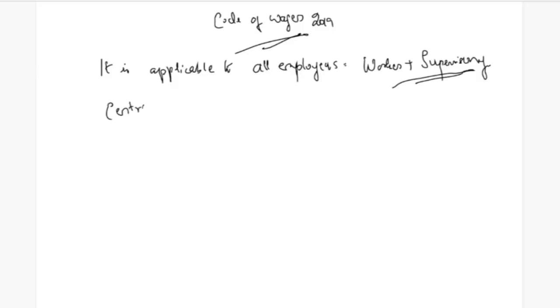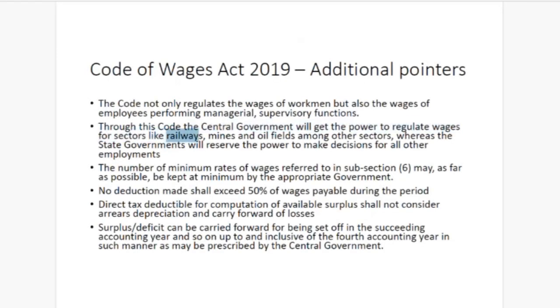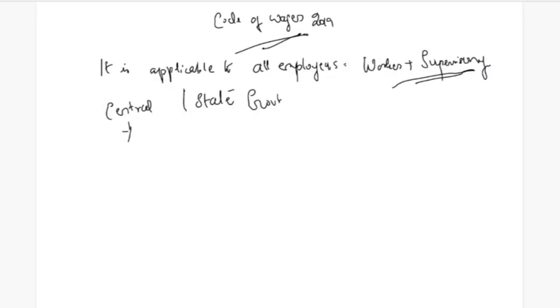Both central and state government have powers with respect to certain sectors. The central government has power with respect to railways, mines and oil fields. In these 3 sectors, the provisions of the Code of Wages Act will be controlled by the central government.